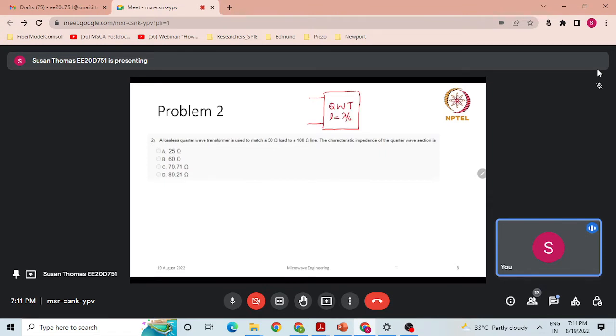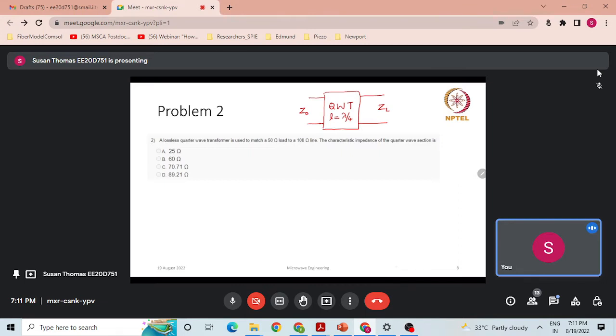That is why we call it quarter wave. Quarter wave is one fourth of lambda. So a quarter wave transformer is a transmission line section having a length of lambda by 4. Now this is the characteristic impedance and this is the load impedance, and we need to have a quarter wave transformer.